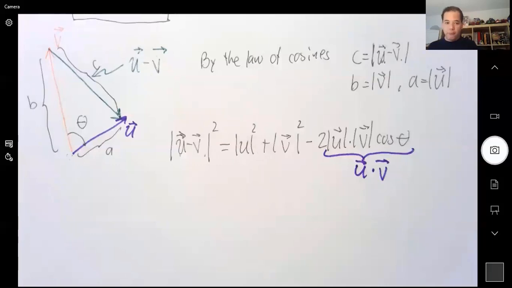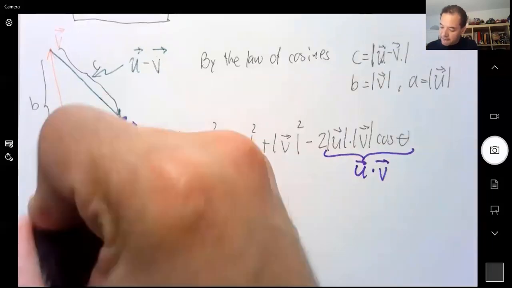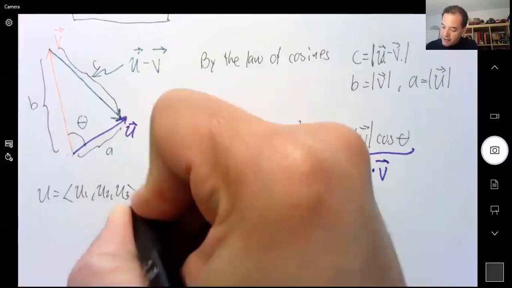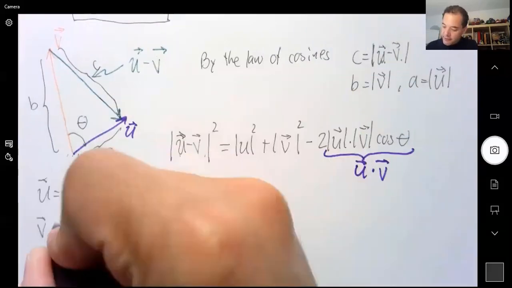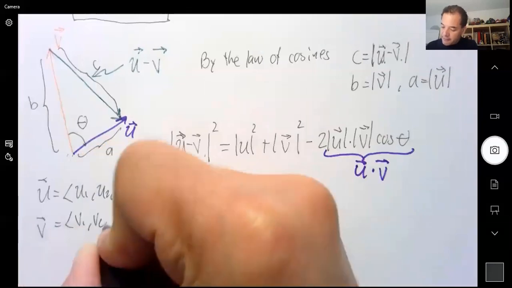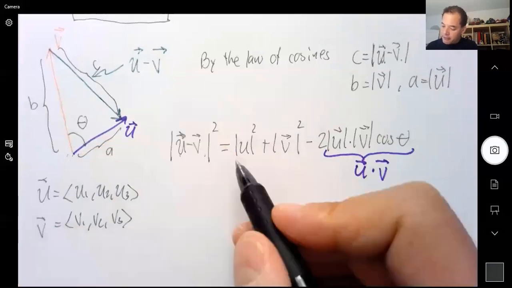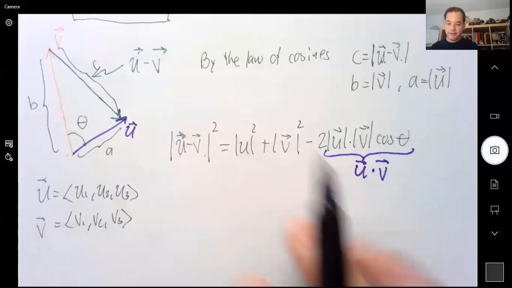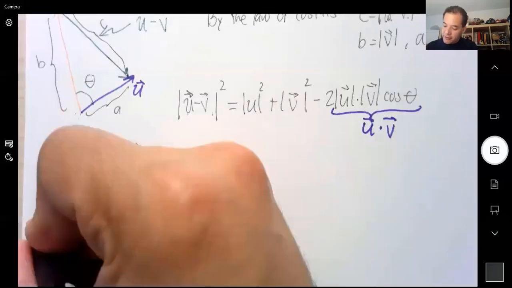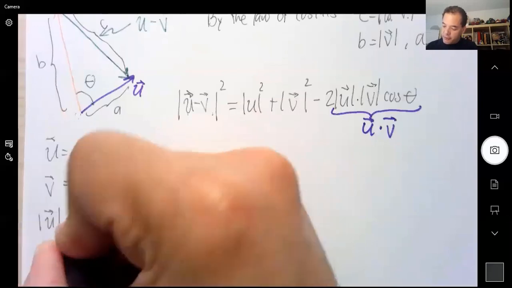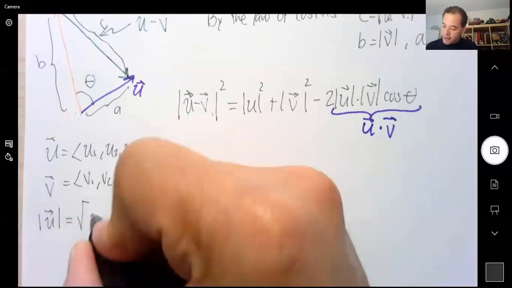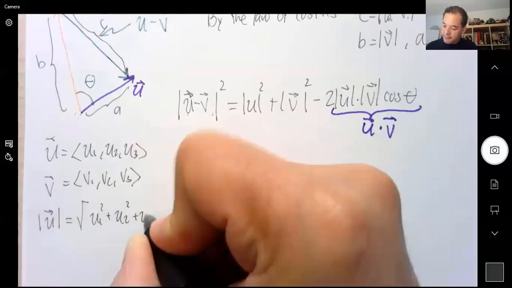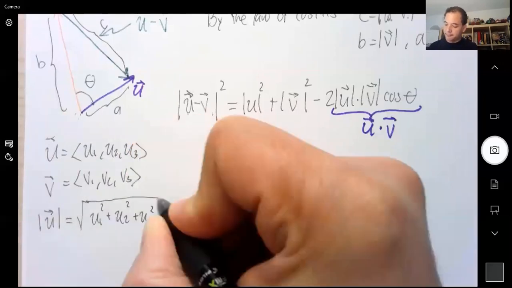So imagine for a moment that u is the vector u1, u2, u3, and v is the vector v1, v2, v3. Then what is the magnitude of u, the magnitude of v, and the magnitude of u minus v? That's what we need, right? So let's start with the magnitude of u. The magnitude of u is u1 squared plus u2 squared plus u3 squared, square root of that.